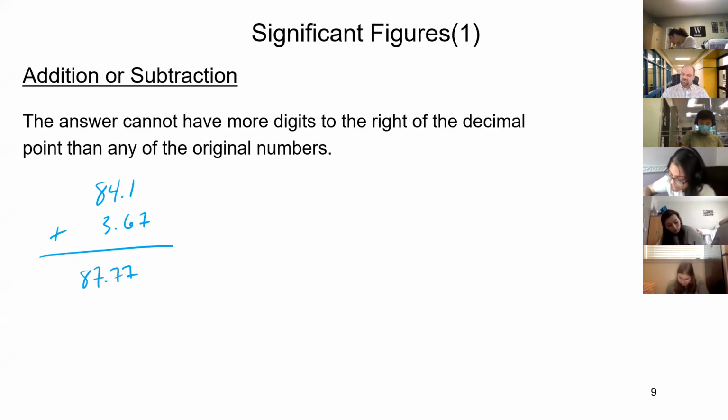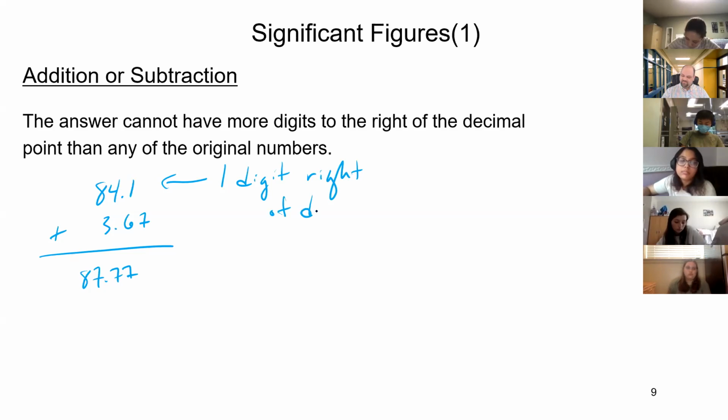But according to this rule, I can't have any more digits to the right of the decimal point than any of the original numbers. And so I have to round this one. It has 1 digit right of decimal, so I have to round this to the tenth place. What would my answer be? 87.8. That's right.